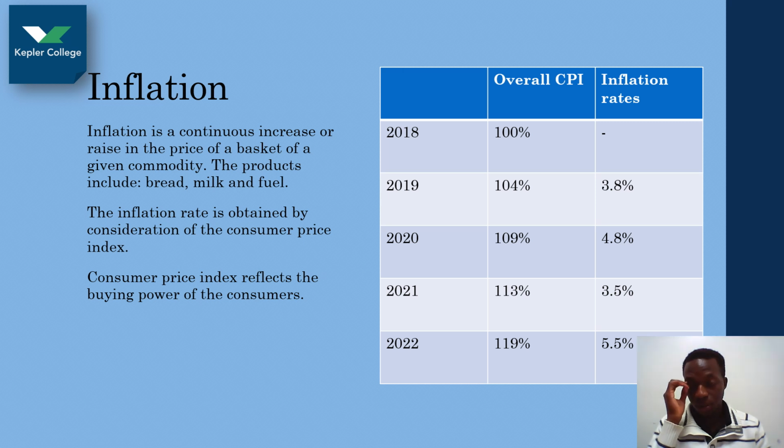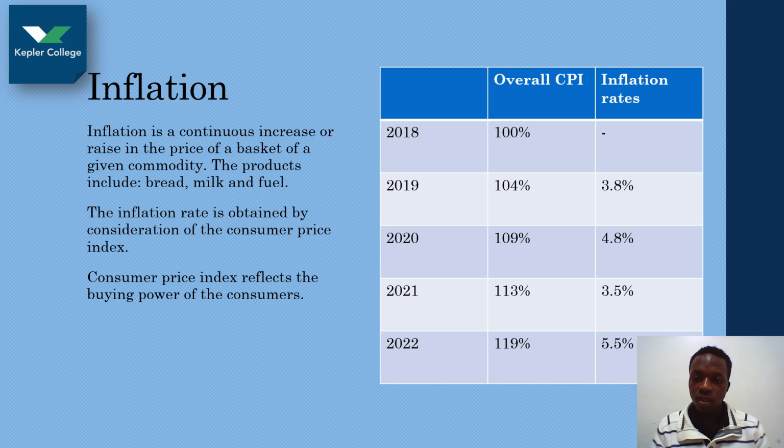Inflation is mainly detected by assessing how constantly a basket of given commodities has been increasing, as well as how years have been continuously increasing in the prices of different commodities. The inflation rate is also obtained by considering the percentage at which the inflation has been increasing in a given region.